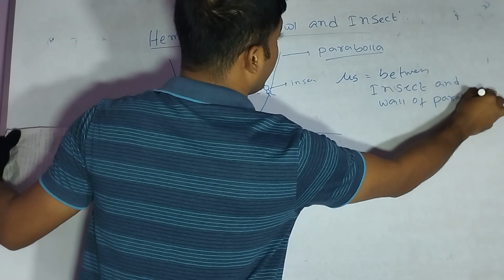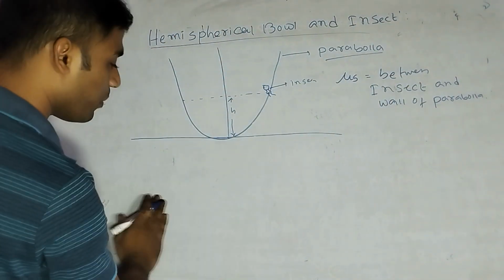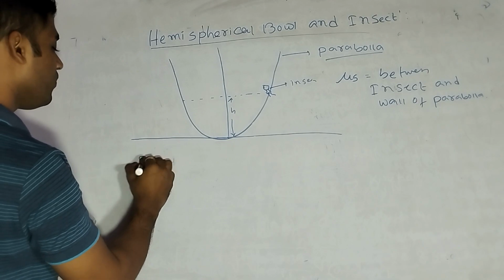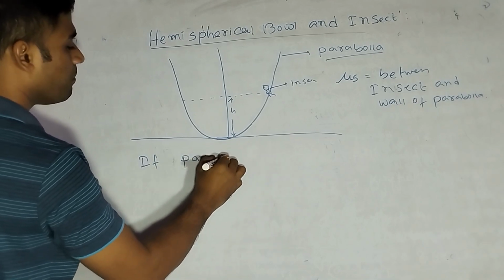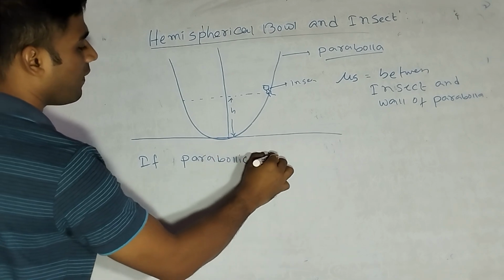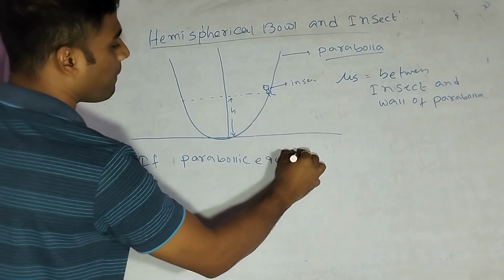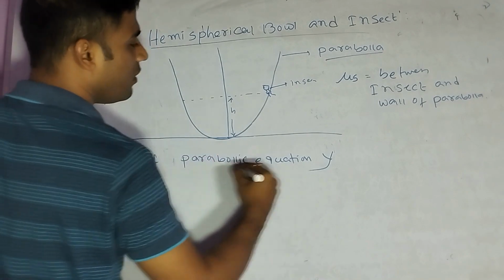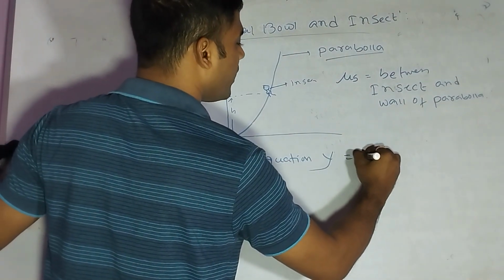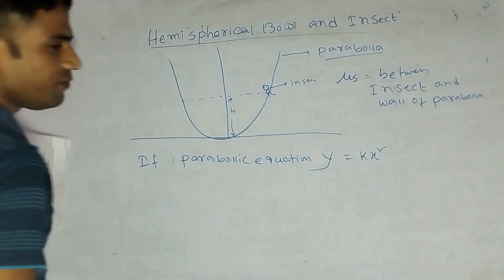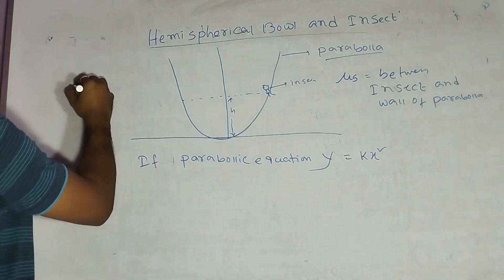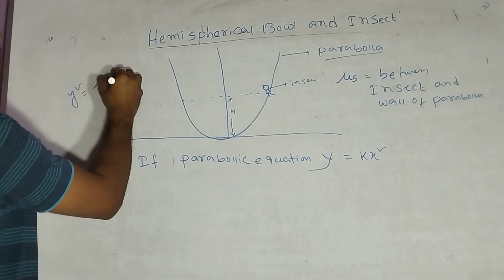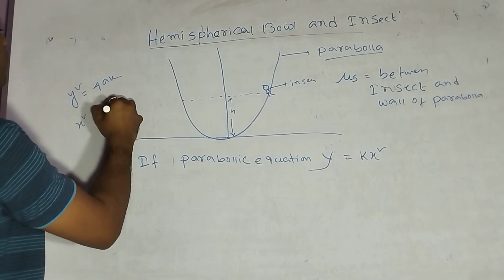And one extra piece of data is also given: the parabolic equation. Suppose y is equal to kx square. We know that the parabolic equation is y square is equal to 4ax or x square is equal to 4ay.